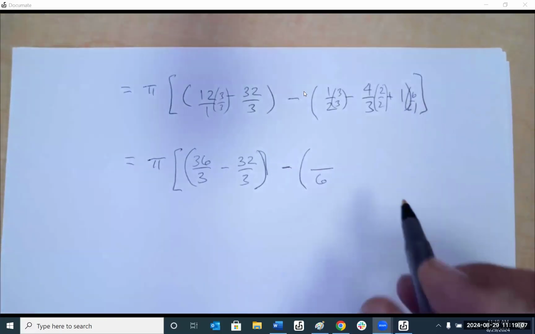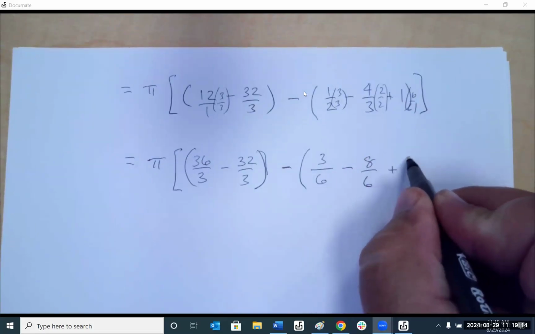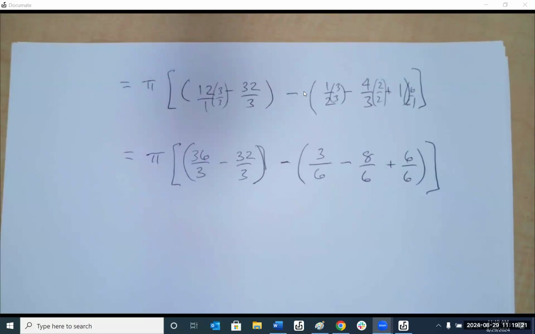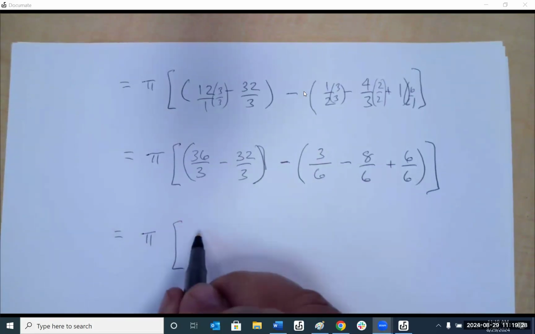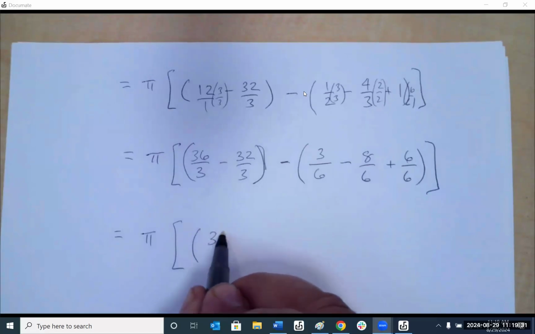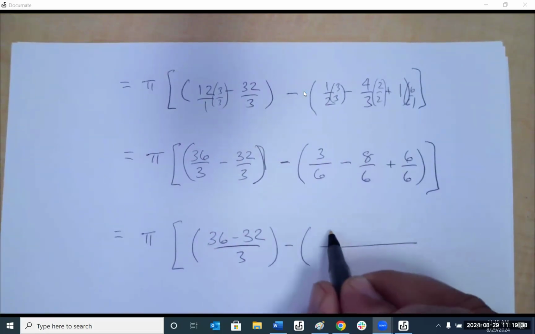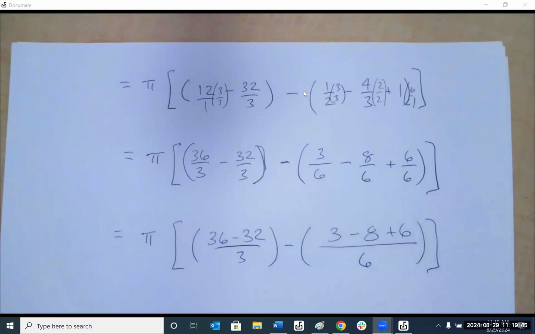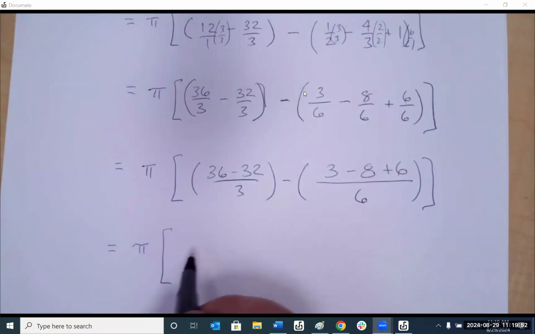And we need 6 here. 3 over 6 minus 8 over 6 plus 6 over 6. 36 minus 32, since we have common denominators. 36 minus 32 is 4.